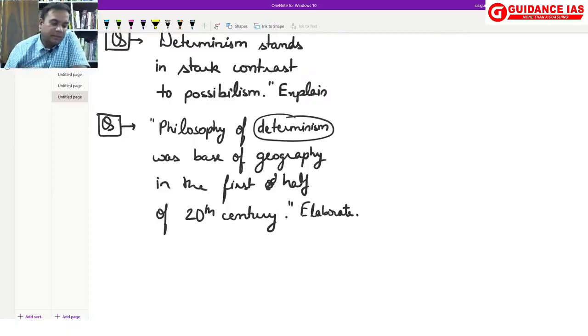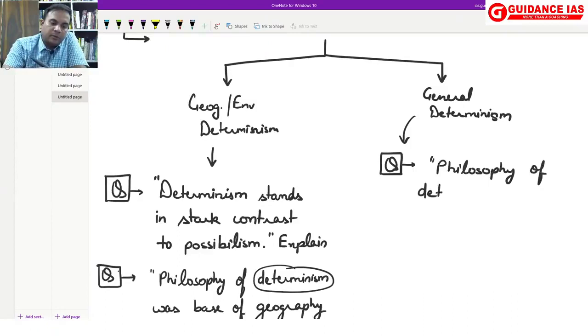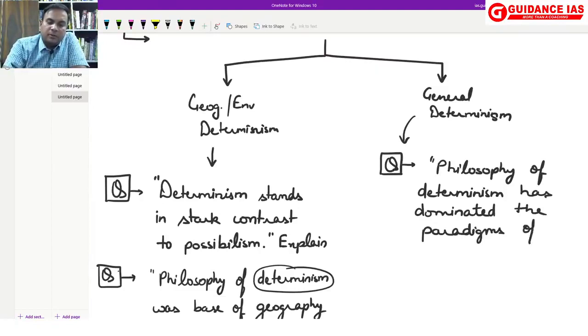Okay. On the other hand, if I give an example of that second type of question: philosophy of determinism has dominated the paradigms of geography.